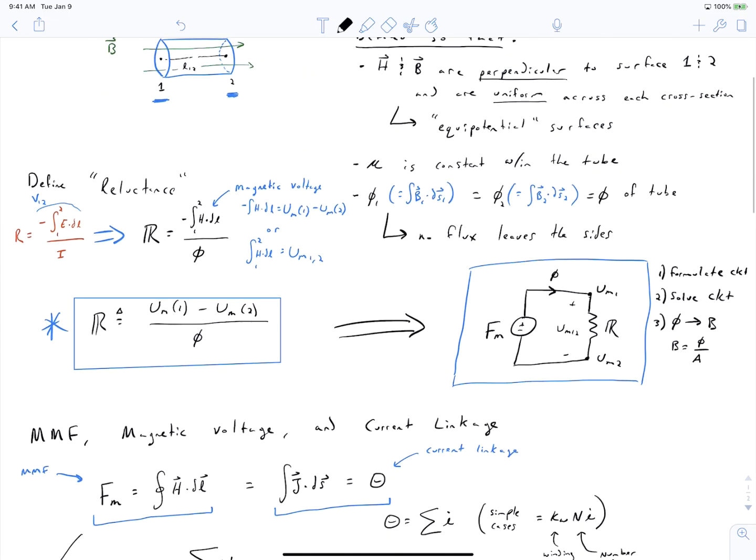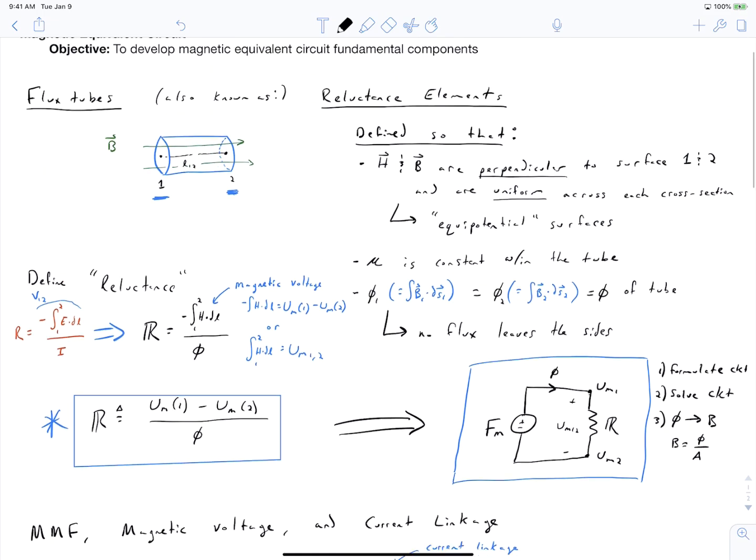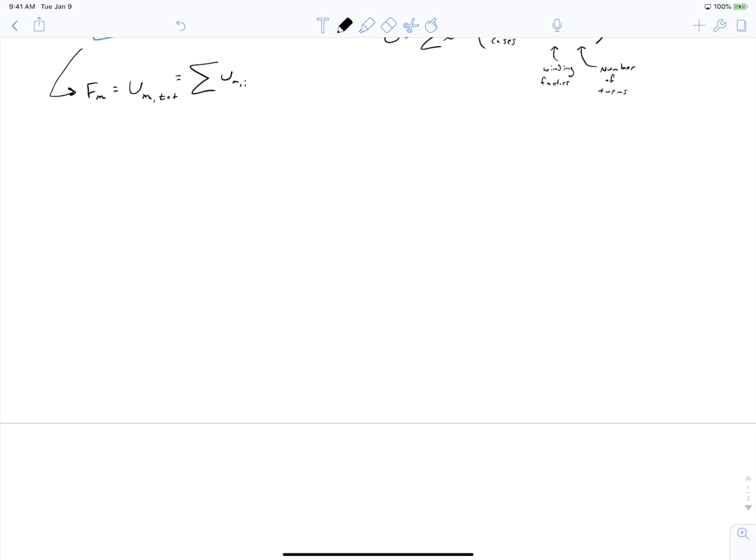Let's now go back to our flux tube and talk about a simple case. I'll call it a simple flux tube, where in addition to the other assumptions, we also assume that the flux tube has constant cross-sectional area throughout it. So surface 1 and surface 2 both have the same cross-sectional area.